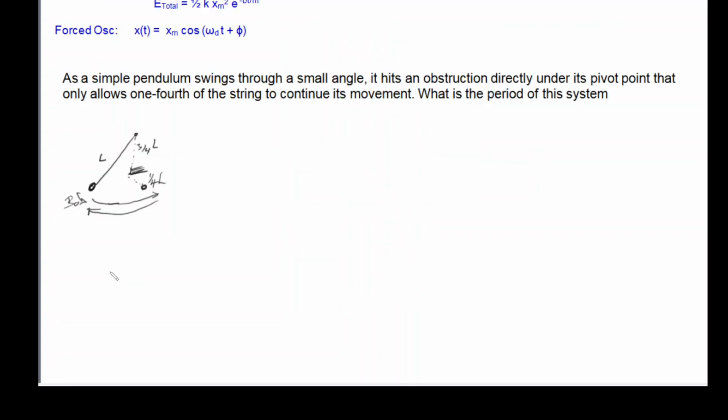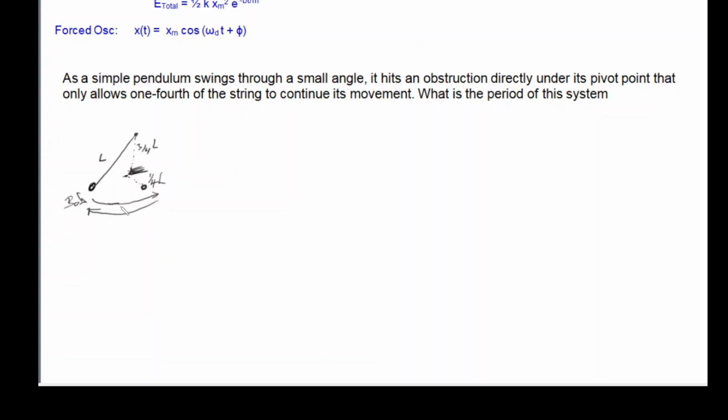Here's another problem. As a simple pendulum swings through a small angle, it hits an obstruction directly under its pivot point that only allows 1/4 of the string to continue its movement. What is the period of this system? So I tried to draw the system here. You can see a pendulum, and as it swings to the right, the string hits this obstruction, and only 1/4 of it continues.